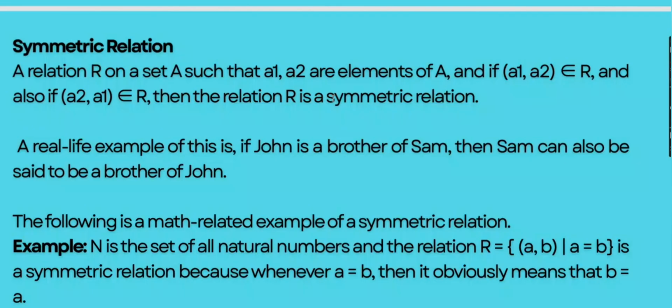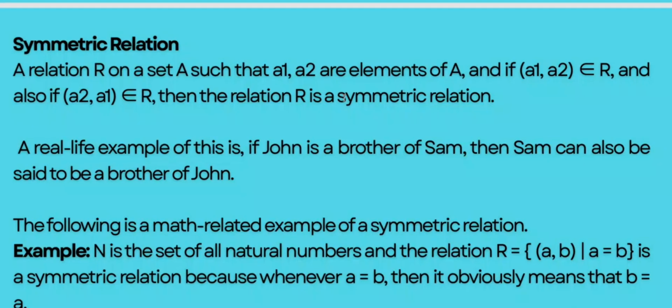In diagonal pairs, 2,2 is present in a relation. Can I write it in reverse? If I write it in reverse, I also get 2,2. So if I write it once and reverse it, I still get 2,2. That means both are indirectly equal.